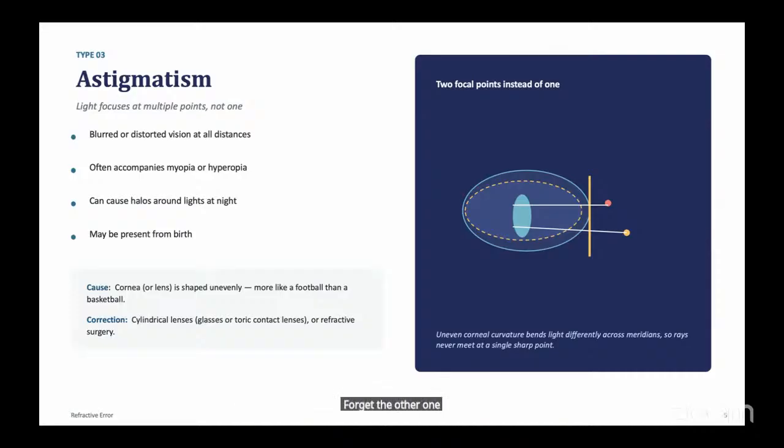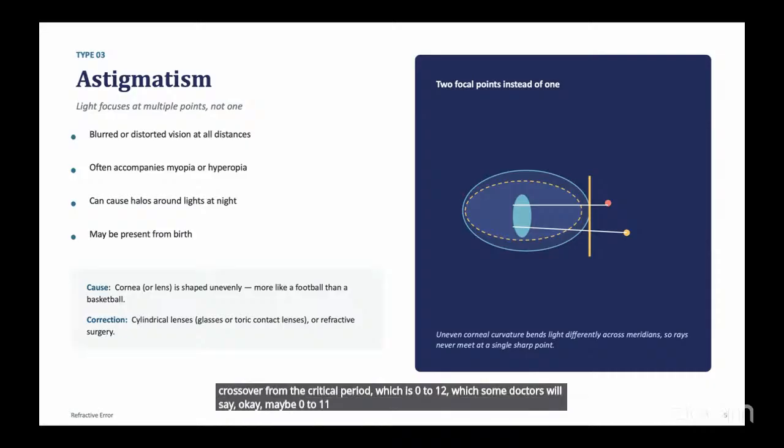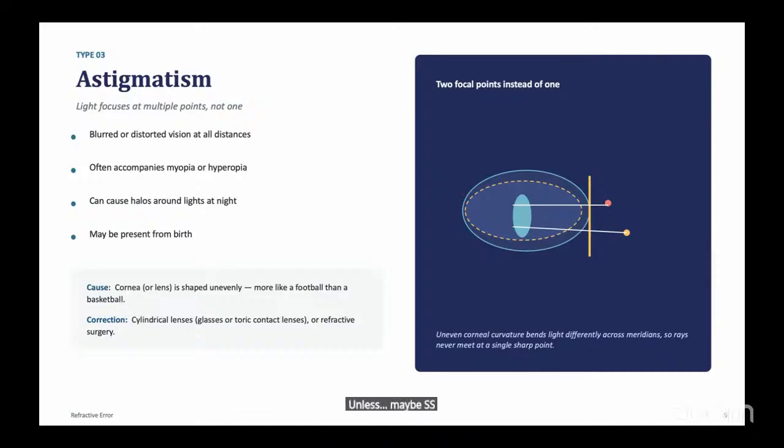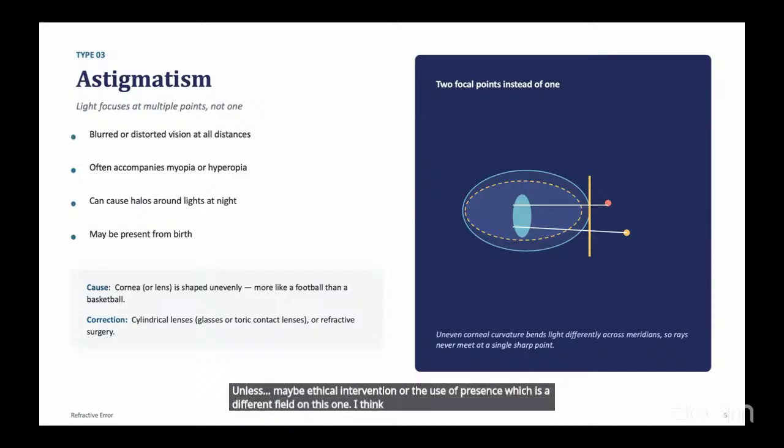And once they cross over from the critical period, which is 0 to 12, which some doctors will say, okay, maybe 0 to 11, there's nothing we can do about it unless maybe a surgical intervention or the use of prisms, which is a different field on its own. I think maybe next time we will address binocular vision anomalies.